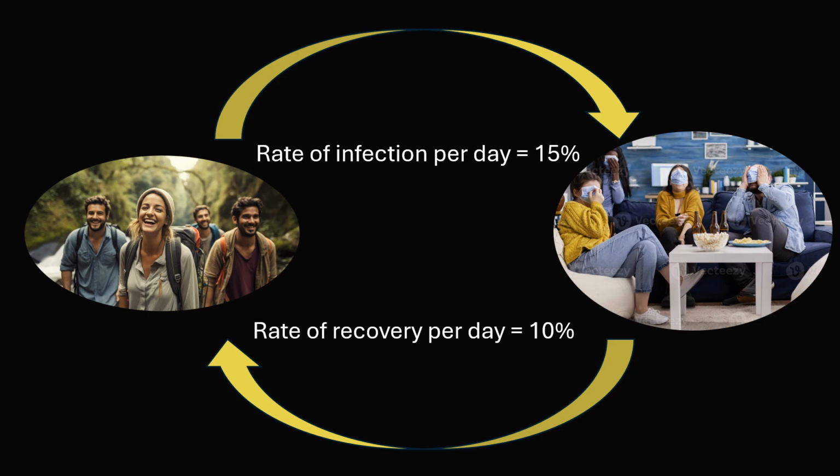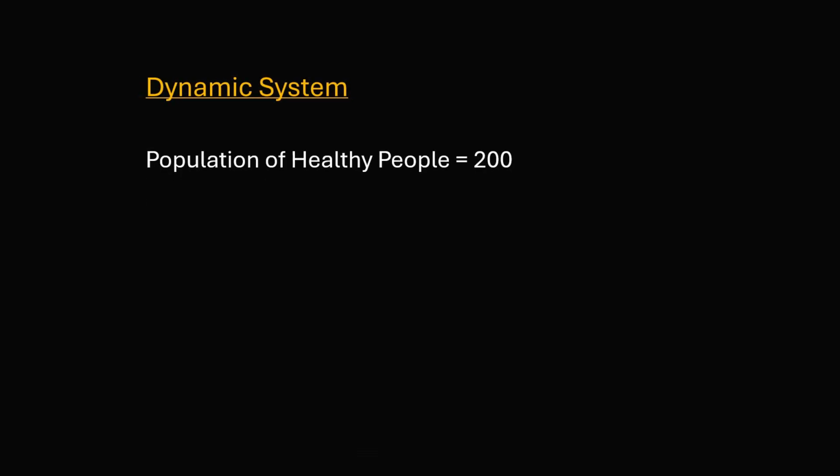So I start by writing down what we know about the system. I know that the system is a dynamic system because the population will change from healthy to infected, and then some infected will recover and become healthy again. I know that the population of healthy people is 200. I also know that the population of infected people on day 0 is 0.